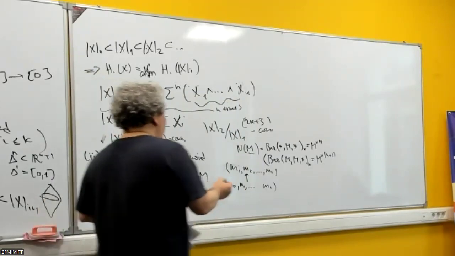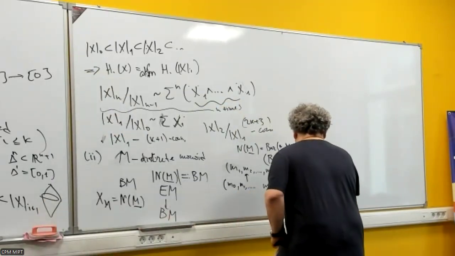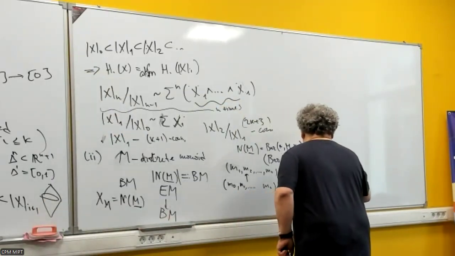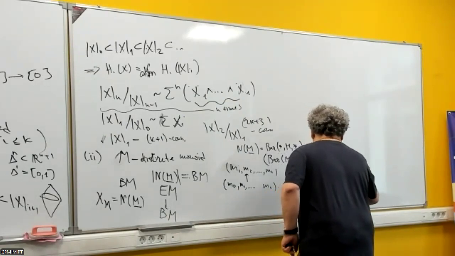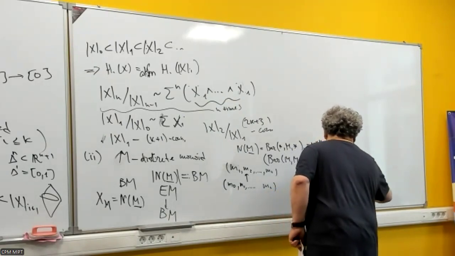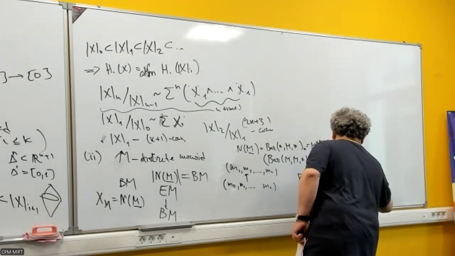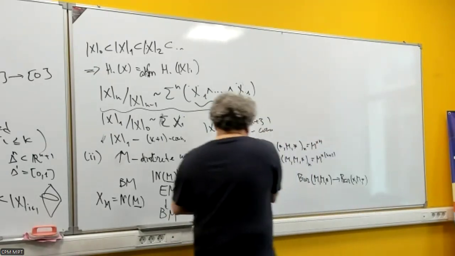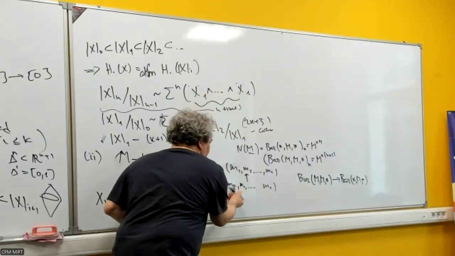So the bar M pointed is mapped as a simplicial set to bar M, and this is actually the projection along the first component.